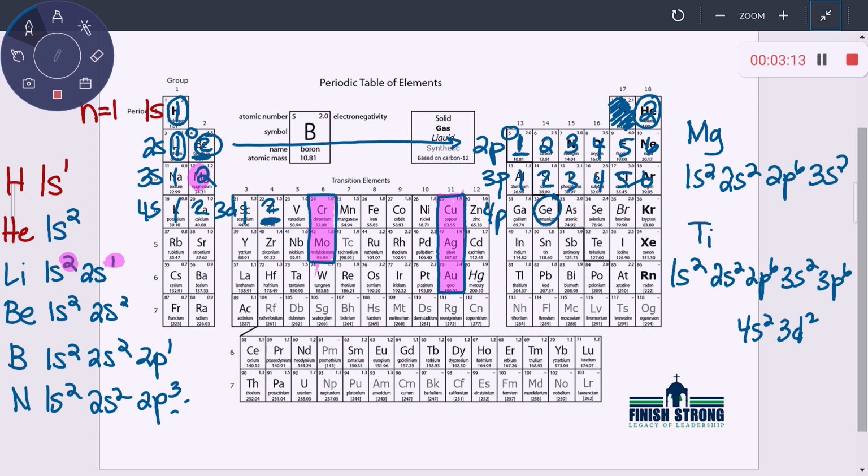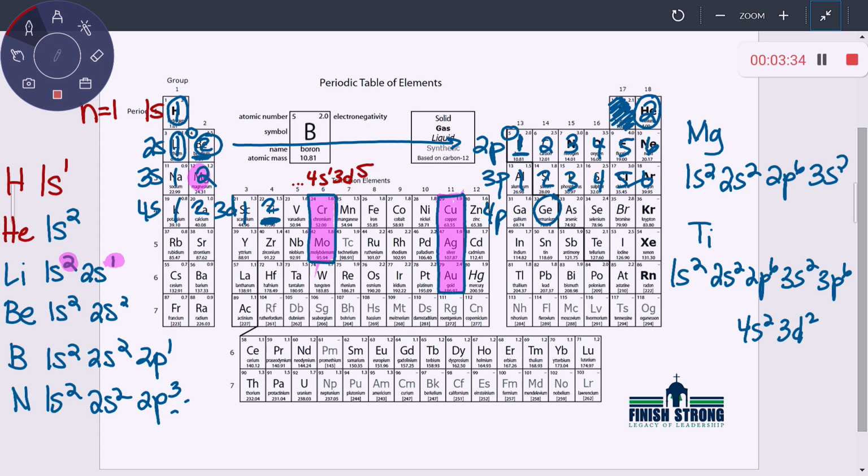Okay, so when we go to write the electron configuration for chromium as an example, chromium would actually end with 4s1, 3d5, because an electron will jump over from 4s. Normally it's 4s2, 3d4, but that would be considered incorrect.